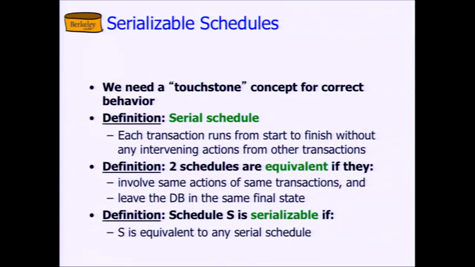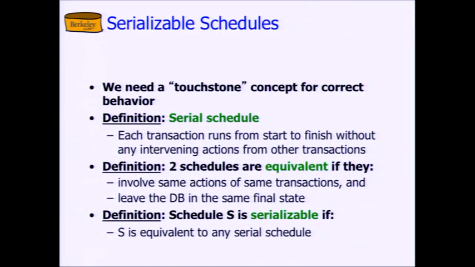So the definition of a serial schedule, formally, is that every transaction is a string of reads and writes, and it runs from start to finish without any intervening actions from other transactions. The second definition is that two schedules are equivalent if they involve the same actions of the same transactions, the same bucket of activity, and they leave the database in the same final state. We will not concern ourselves with output in this discussion.